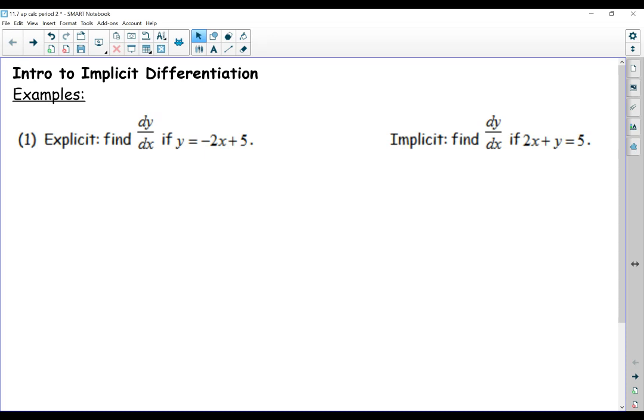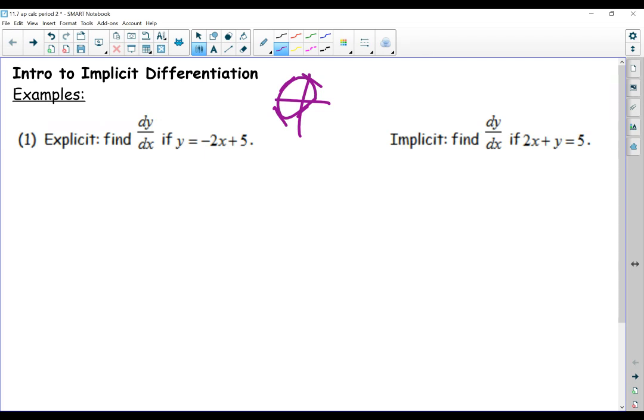Now, today and next lesson's focus is what happens when we don't have a function. What happens when we have a relation? How do we find the slope at the points on a graph that is just a relation, not a function? Most relations are what we call implicitly defined.